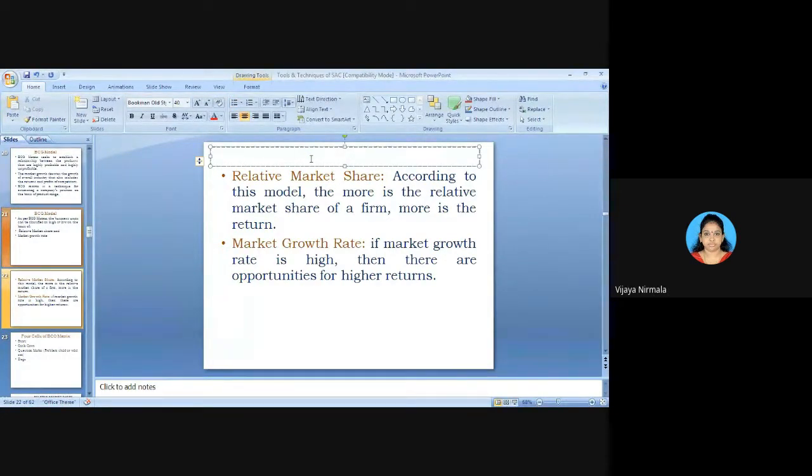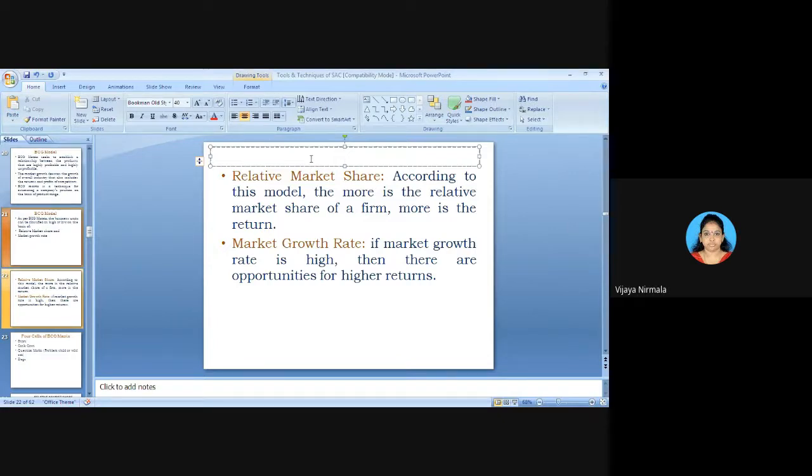According to this model, the more the relative market share of the firm, the more the return. So according to the BCG matrix, if the market share of the organization is more, automatically the returns of the organization will also be more.